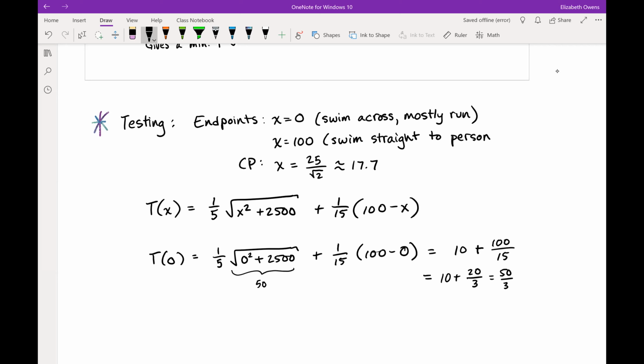So 50/3 is 16 2/3. So t of 0 equals 16 2/3, or we could just say about 16.7 seconds.